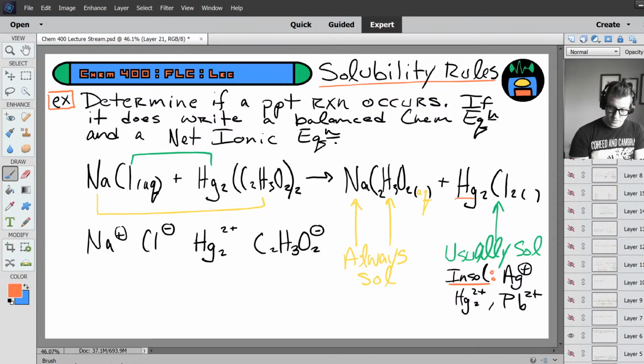And check it out. We have mercury 1. So even though chlorine is usually soluble, because we're dealing with mercury 1, that makes it insoluble. So mercury 1 chloride will be a solid.